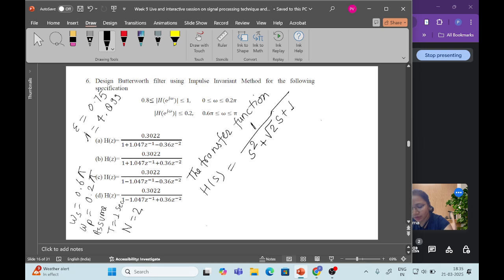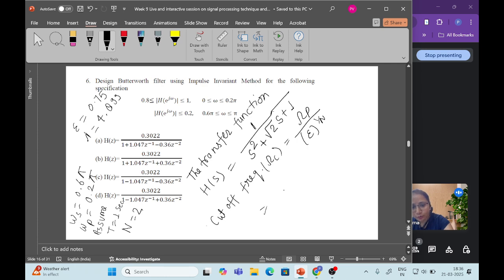Okay, and also we need to determine the cutoff frequency, because here we will use omega divided by omega p. So the cutoff frequency, that is omega c, is the passband frequency omega p divided by epsilon to the power 1 by n.